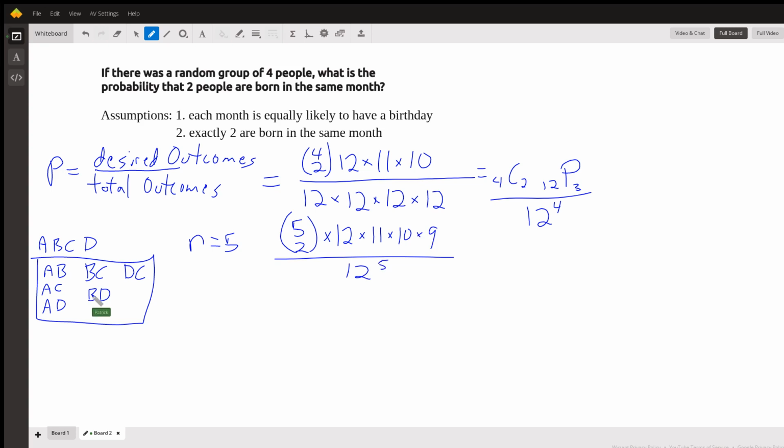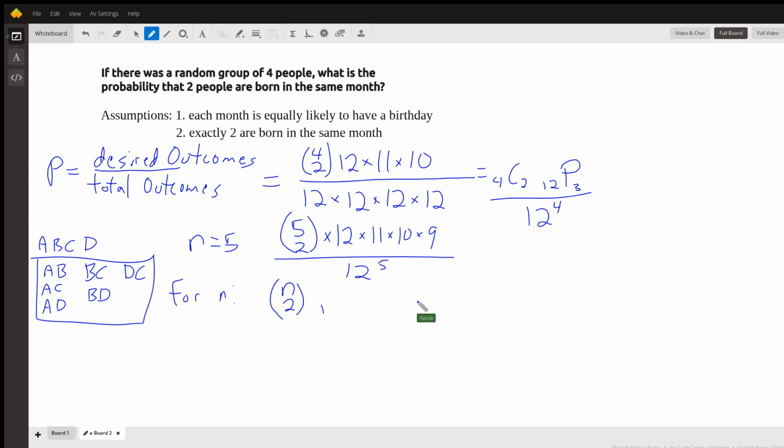Okay, now can we generalize just for n? It's going to follow the same pattern, basically. So from the n random people, we're going to choose 2. There are 12 ways, and then 11. And so I'm going to write this as the permutation function.